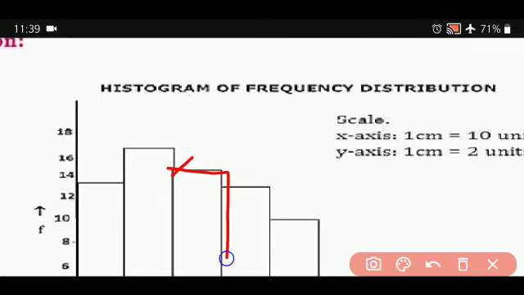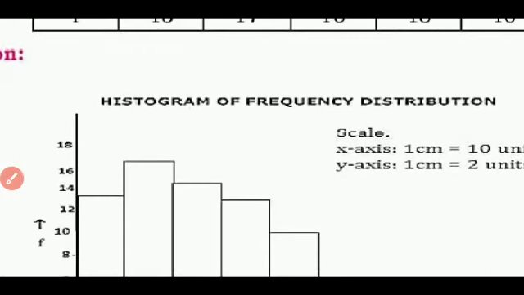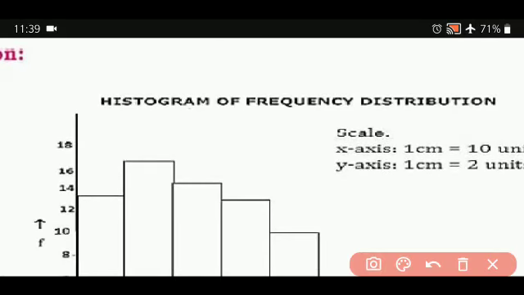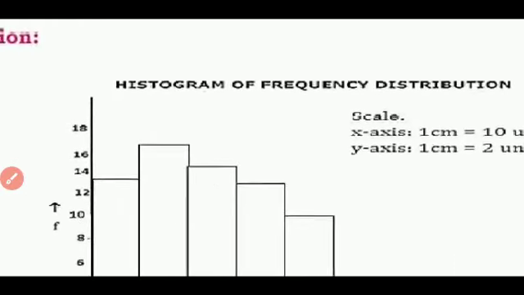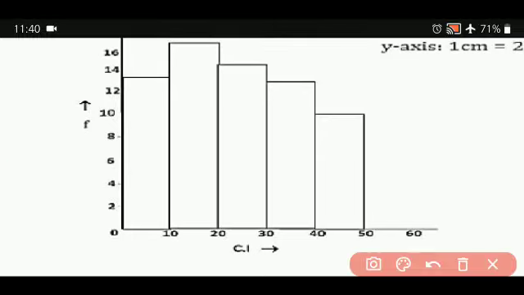This is how you draw this particular thing. Then for 30 to 40, it is 13. 13 is marked here. See. Then the last one, 40 to 50, it is 10. You will be drawing this, and this is called a histogram.